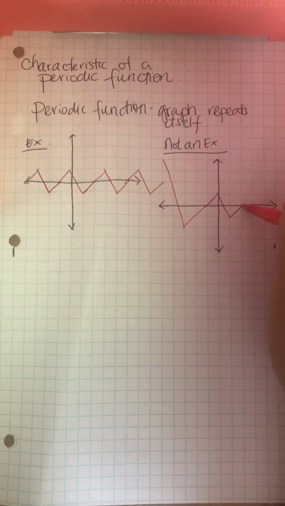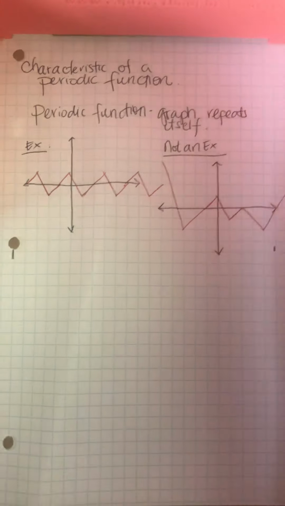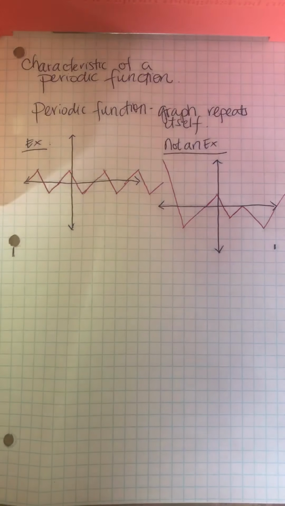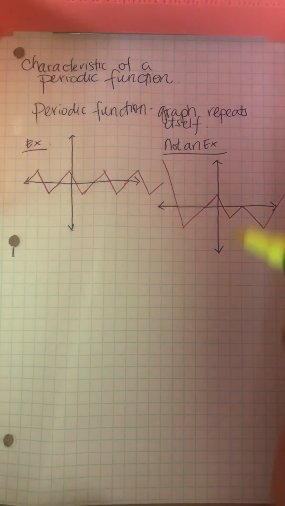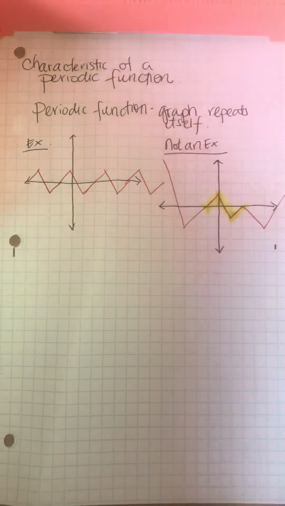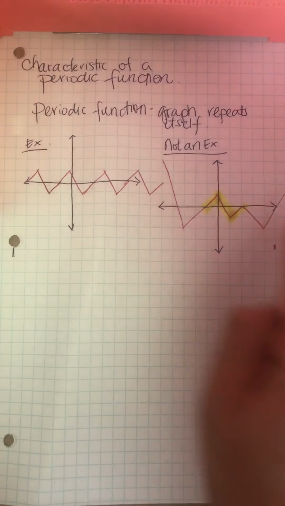And then just, I don't know, maybe dips down and goes back up again. As you can see, what we started with, ladies and gentlemen, that would repeat itself, did not. It veered away from that pattern and it started making different shapes.